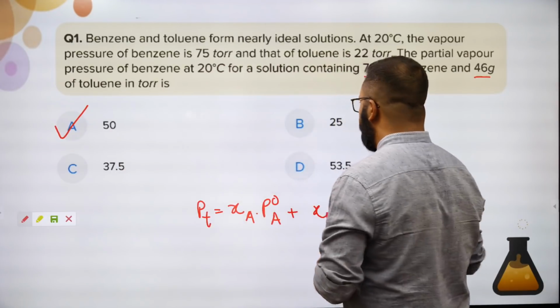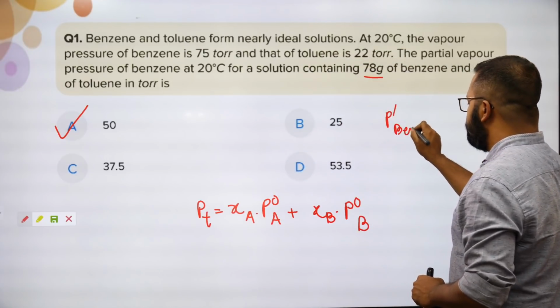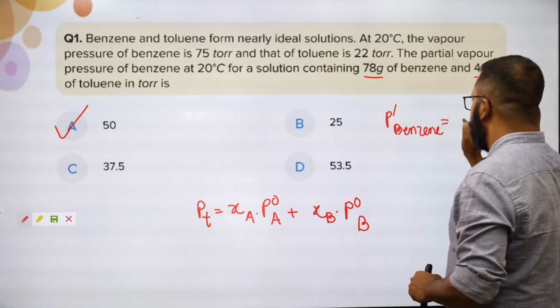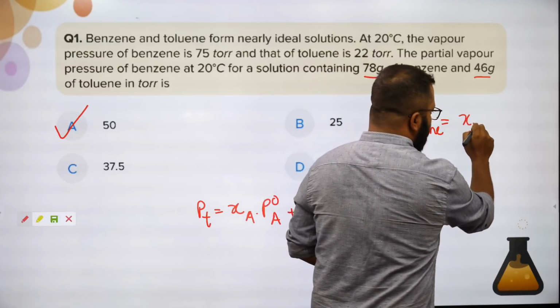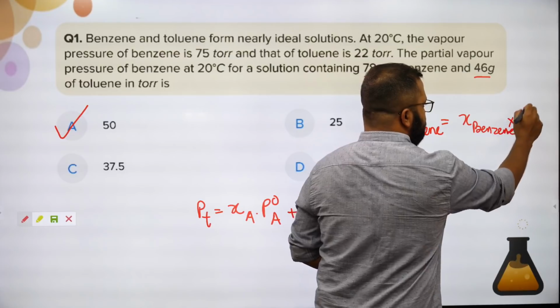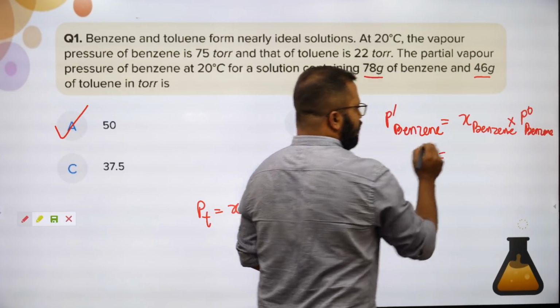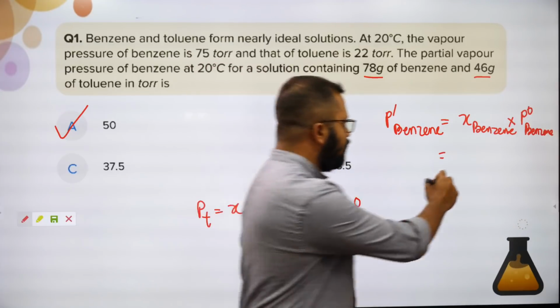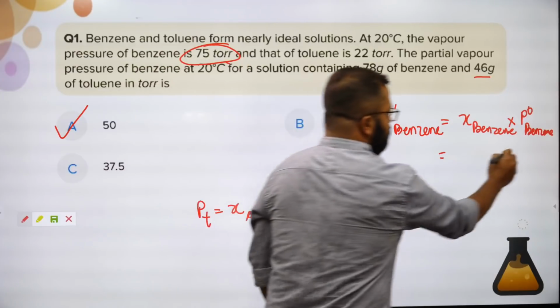How do we solve the question? Very easy. Partial pressure of benzene will be equal to mole fraction of benzene times P naught of benzene. P naught of benzene is given as 75.